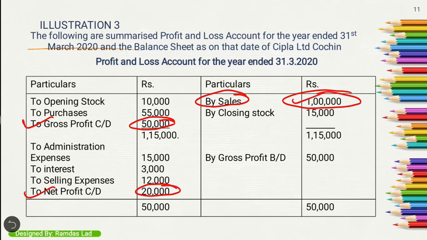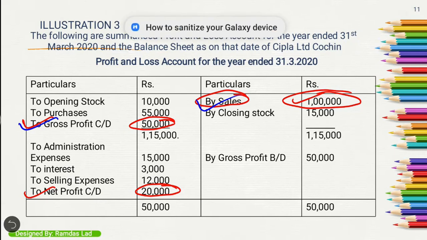Then the next one is the operating ratio. Operating ratio is equal to cost of goods sold plus operating expenses divided by sales. Here cost of goods sold means sales minus gross profit. Sales is 1 lakh, gross profit is 50,000.